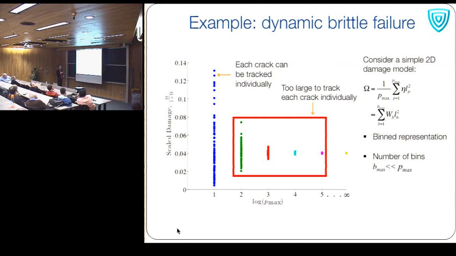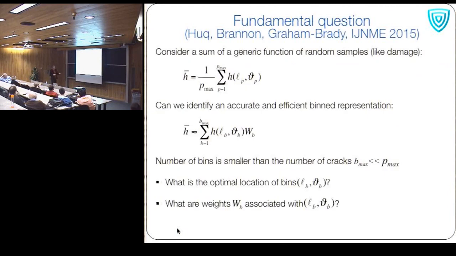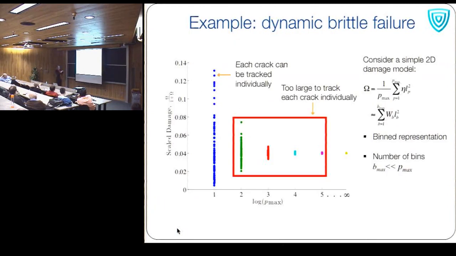So we can't go to infinity, but we do have a large crack population in each element. This is just too large to track each of those cracks individually, so we need to bin them into little groups or families. Our question is, we have this damage that really is a weighted average of all the crack lengths squared, L_p for each sample crack.